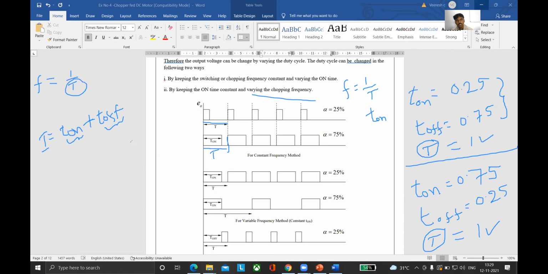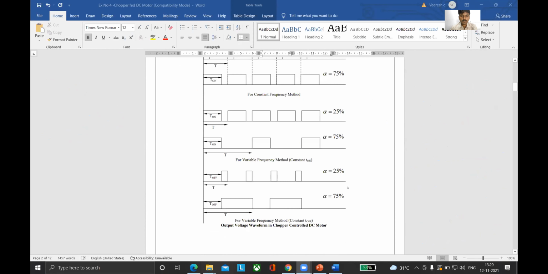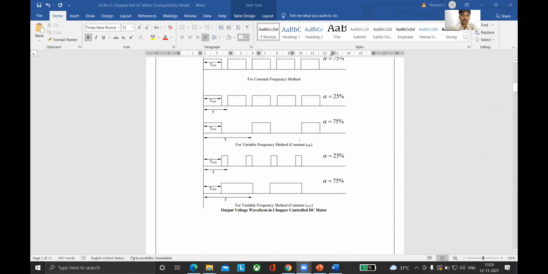So in two cases we can vary it in the variable frequency method: by keeping the on time constant, and second, by keeping the off time constant. These are the two methods. Okay, so you can go through these waveforms.